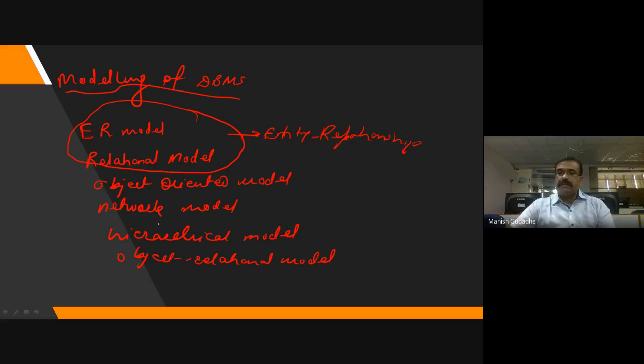Many a times you must have used or heard the word RDBMS. RDBMS is Relational Database Management System. Relational database means it is talking about this relational model. Okay, so two models we are going to see. Today we will see them in brief. ER model is a separate topic to be discussed, but right now we'll just get introduced to those concepts, the ER model and relational model.